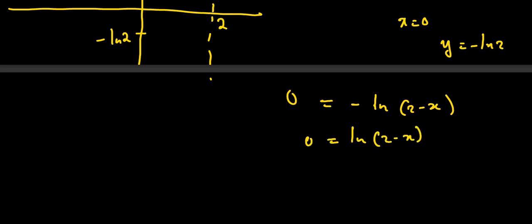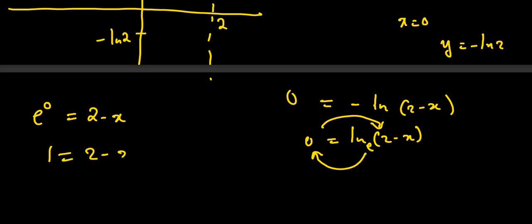The negatives can cancel. This is a natural log expression, so e to the power 0 is equal to 2 minus x. Whenever there is ln, remember the base is always e. So 1 is equal to 2 minus x, giving negative 1 equals negative x, meaning x is equal to 1. So we are passing here at 1.